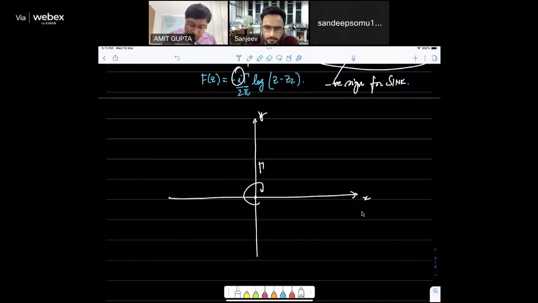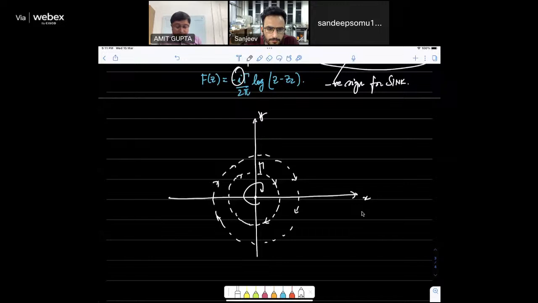The flow that you would see would have velocities of this type, so the flow would go in circles. Something of that type, and then you can draw more, it doesn't matter.